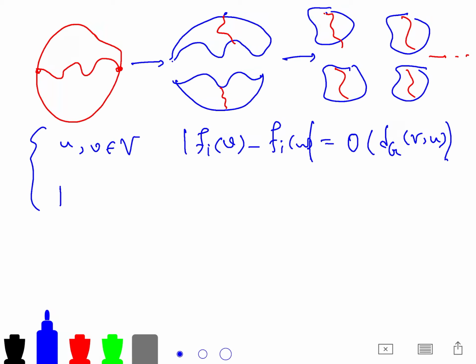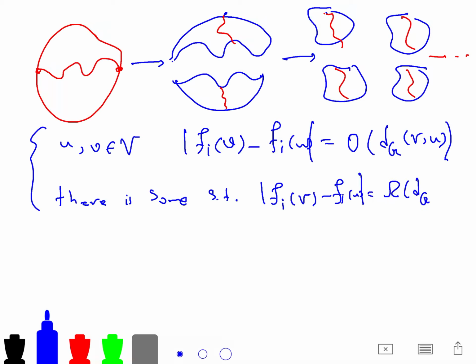The second one says that there is some coordinate i such that f_i of v minus f_i of u is on the order of d_G of v and u. Each vertex is non-zero only in k coordinates, I mean the cluster that it belongs to, because the number of coordinates may be very huge.